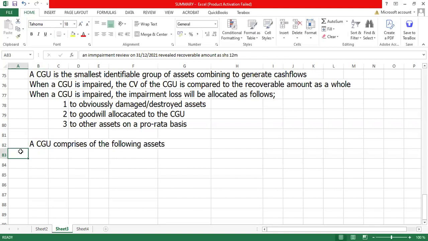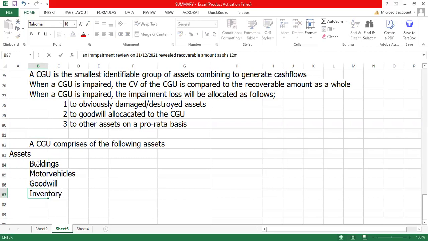You have buildings, you have the motor vehicles, you have the goodwill, you have the inventory, you have the plant and the equipment.